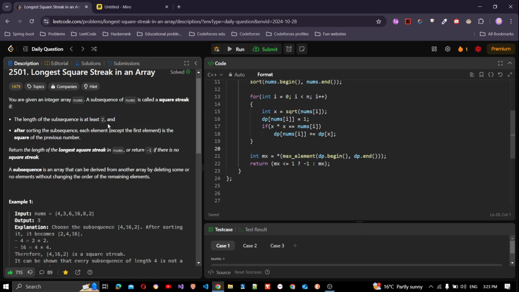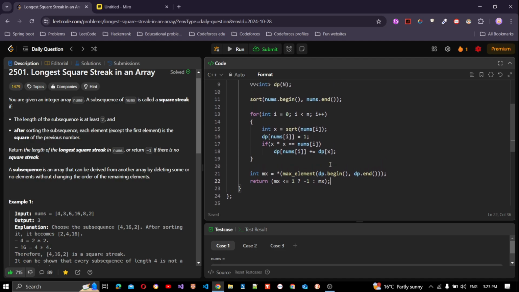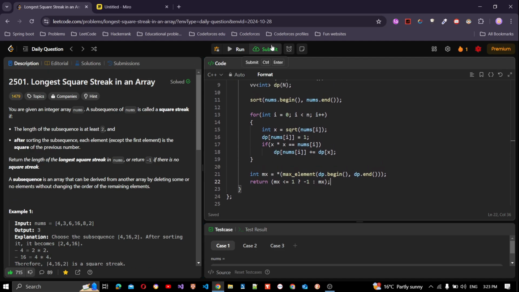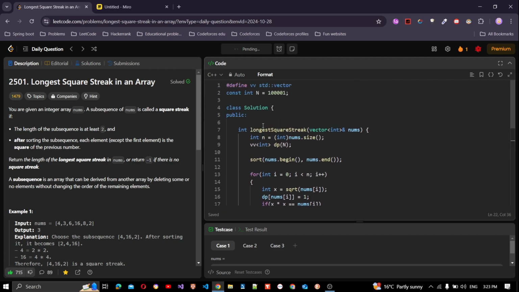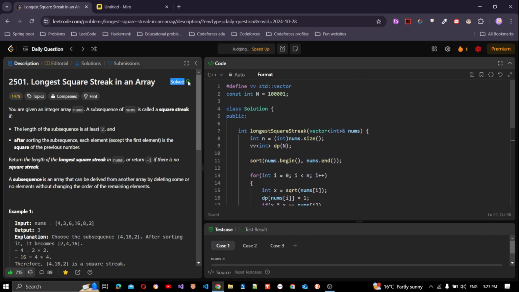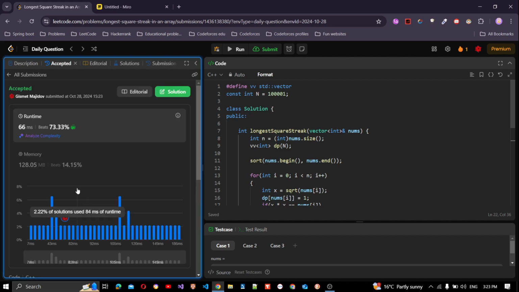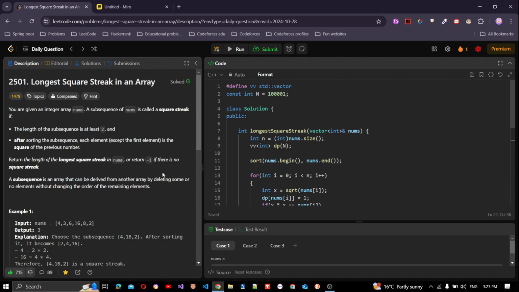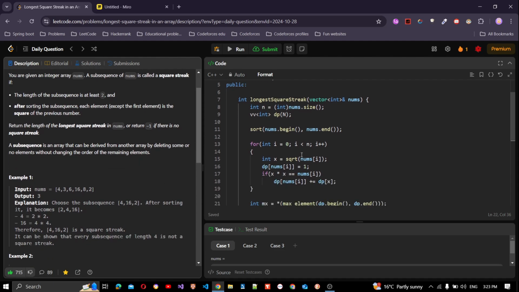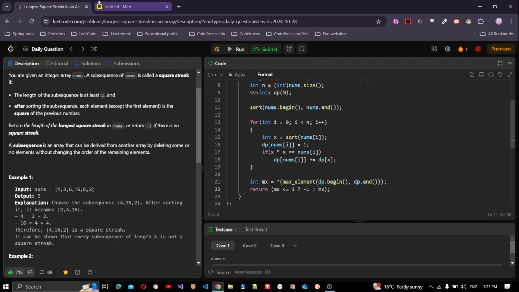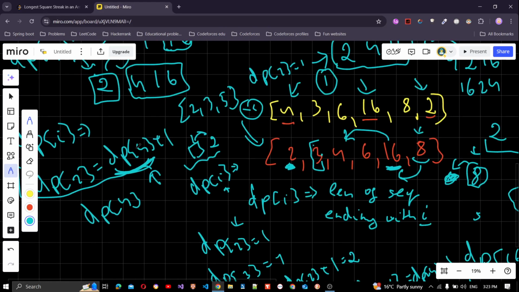So if it's less than 2, if it's 1 or 0, we just return -1. Otherwise, we return the maximum. I just want to run this to show you. I already solved that. Yes, it works. This is a really fun problem, and you can look at it from a different angle.